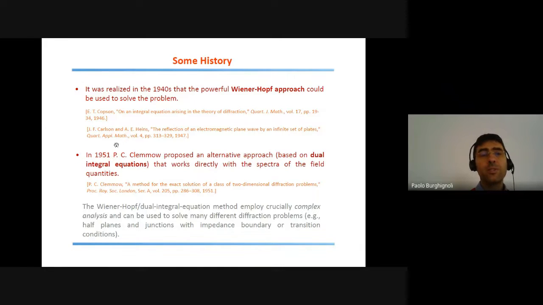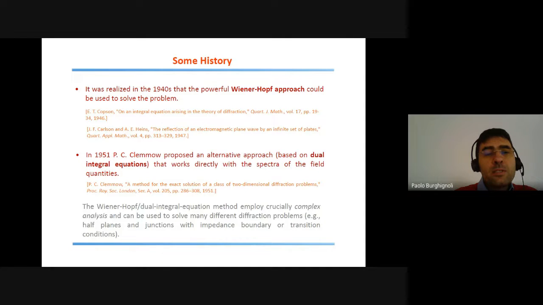Shortly after that, in 1951, Clemmow derived an alternative approach, which was basically equivalent to the Wiener-Hopf approach. It was based on the formulation of the so-called dual integral equations, which was somewhat advantageous because it was shorter in its derivation, since it dealt directly with the angular spectra of the involved fields.